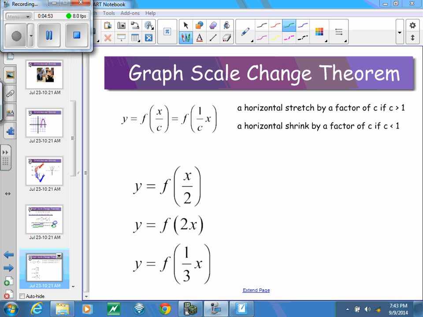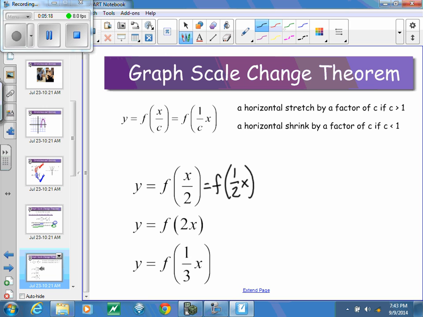All right, so here I have 3 examples of an inside change, which is going to be our horizontal stretch or shrinks. So when I look at the first one, I have y equals f of x divided by 2. Now, this is the exact same thing as if I wrote this out as f of 1/2 x.